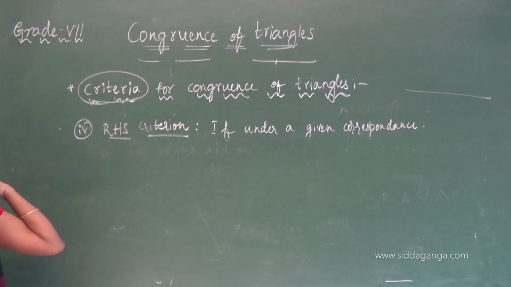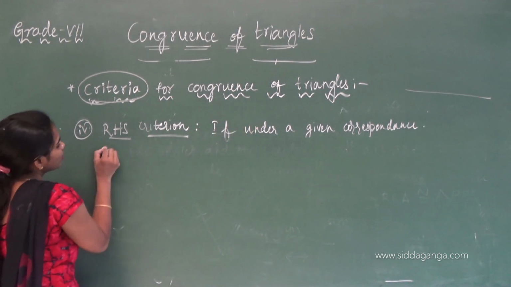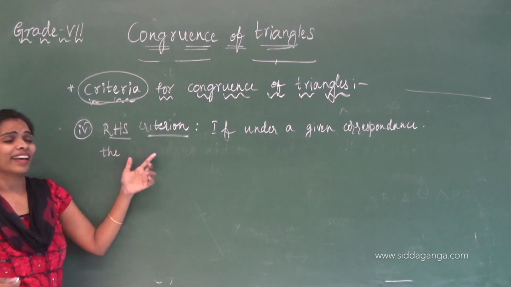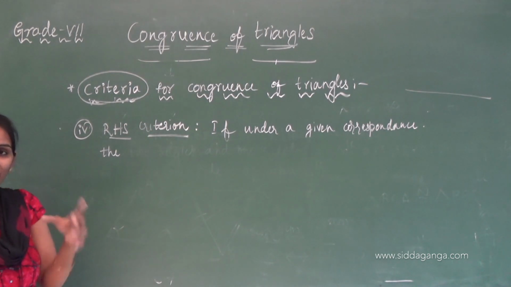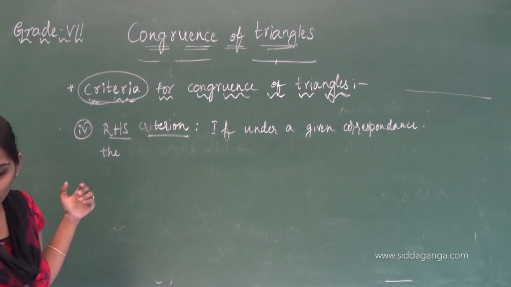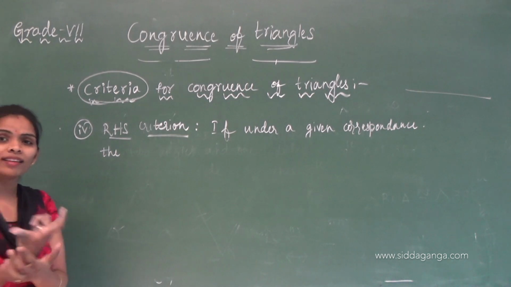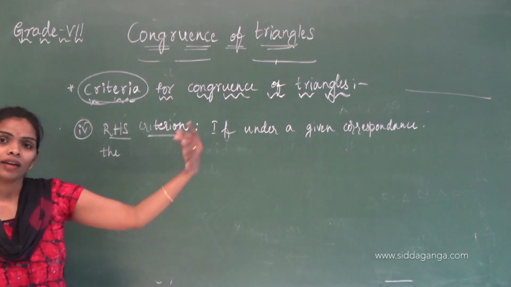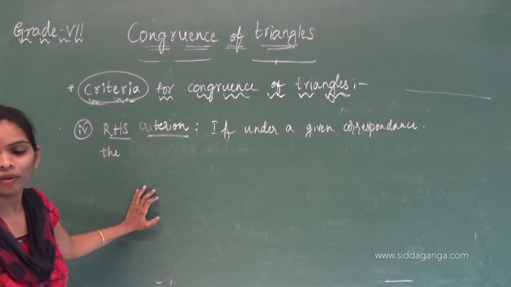What will the RHS criteria tell? Right angle will obviously be equal, and then the hypotenuse should be equal. And then one other side of a triangle is equal to the other side. Here we don't need to write corresponding.